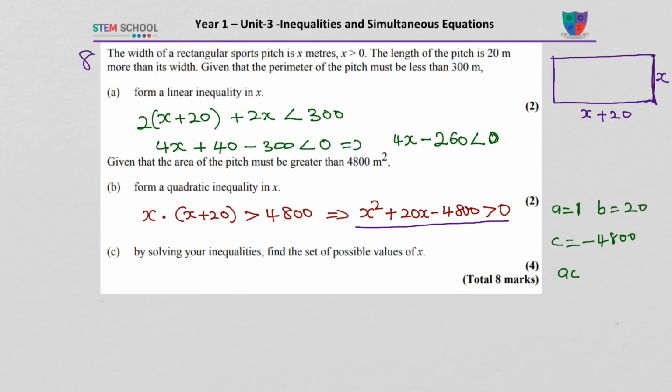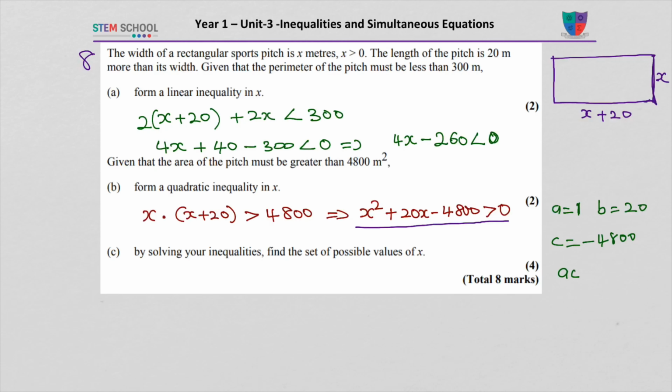So now I need to replace 20x with plus 80x minus 60x. x squared plus 80x minus 60x minus 4,800 greater than 0.